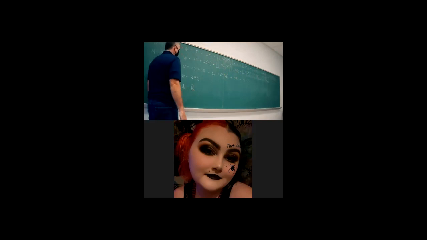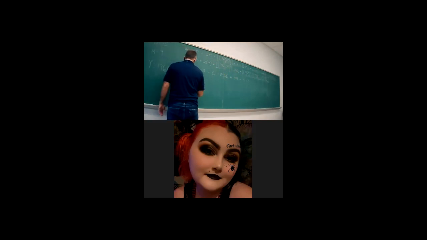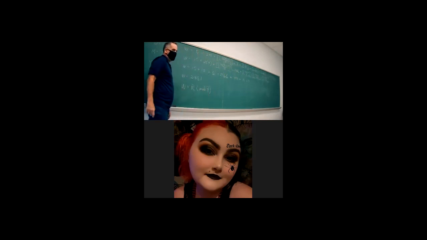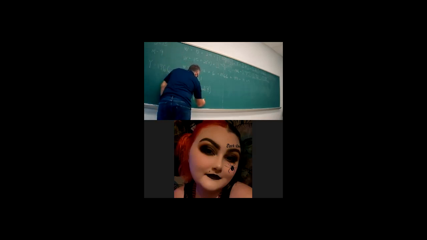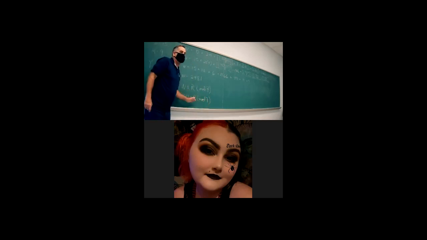I'm going to call this R. I want W congruent to R mod 7. So it's just divide your number by 7 and find that remainder, 0 through 6.